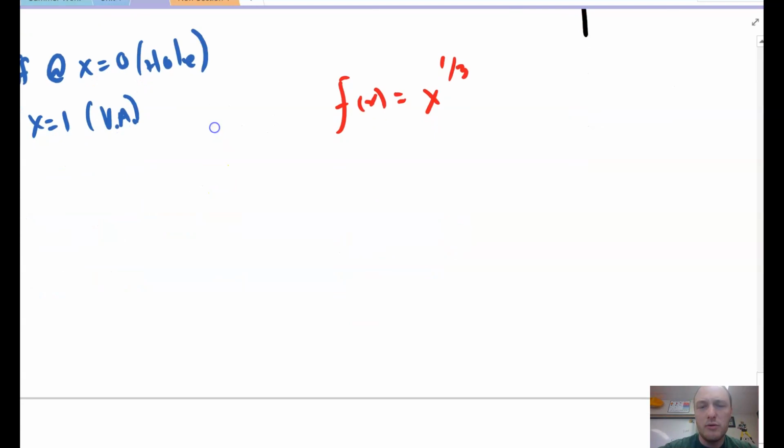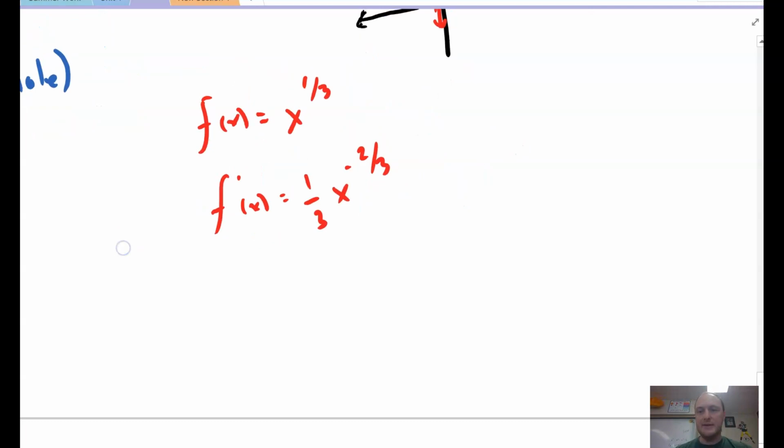Then we take the derivative, f prime of x. This is 1/3 x to the power of negative 2/3. I'll just rewrite this: this is 1 over 3 times the cubic root of x squared.